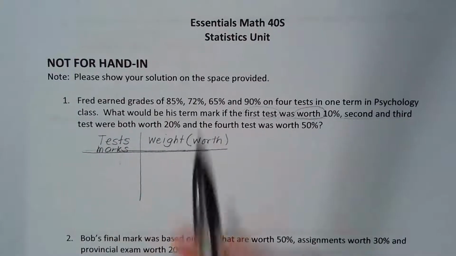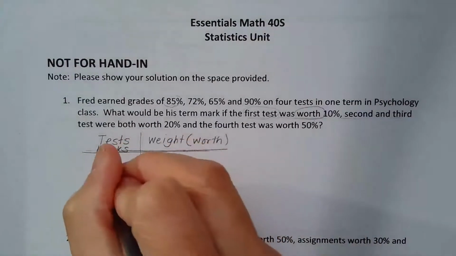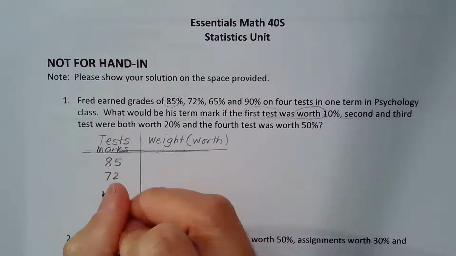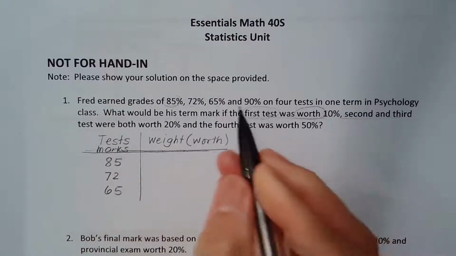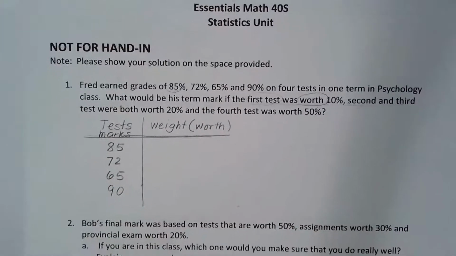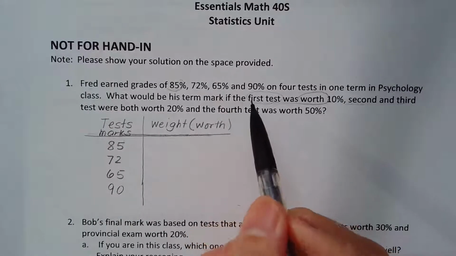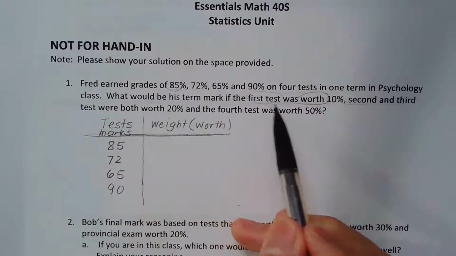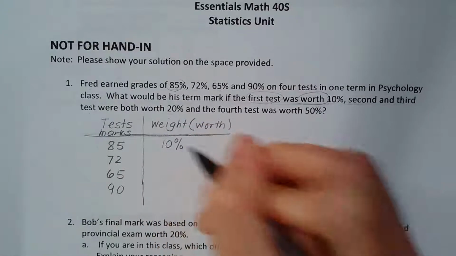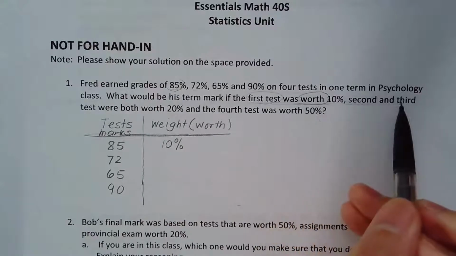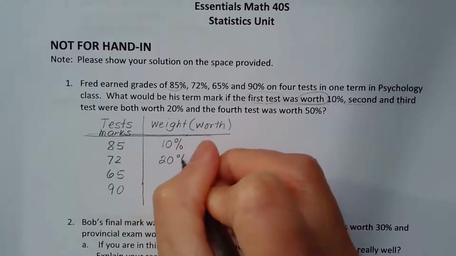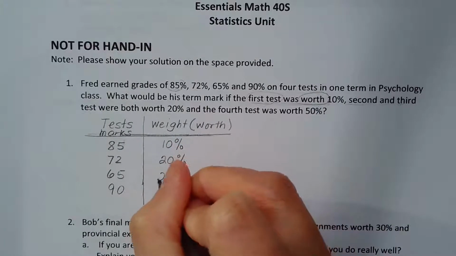Okay, so it says here these are your tests. I'm just gonna write down 85%, 72%, 65, and 90%. And then it says here the first test is worth 10%. The second and third tests were both 20%. So this is 20%, and then this is 20%.